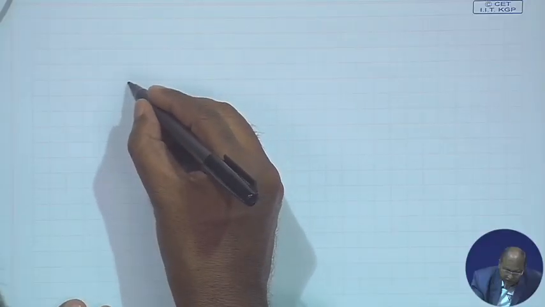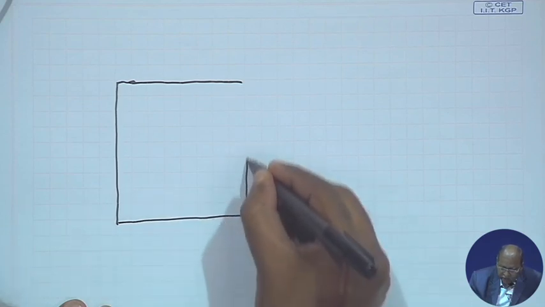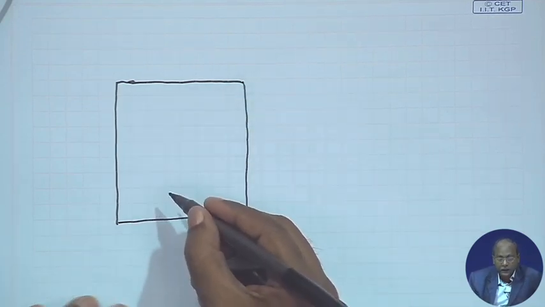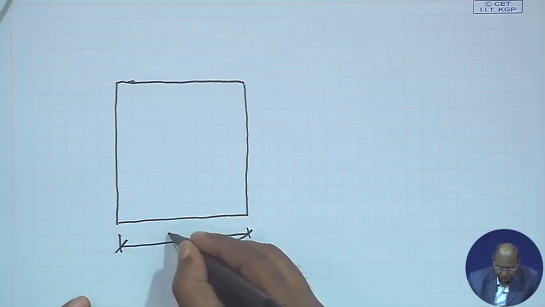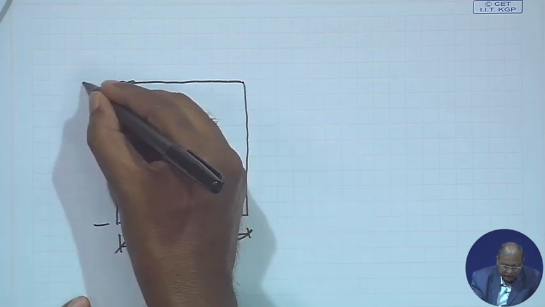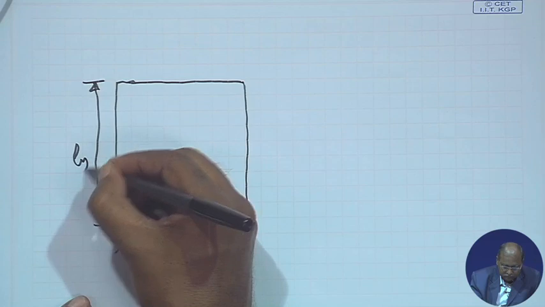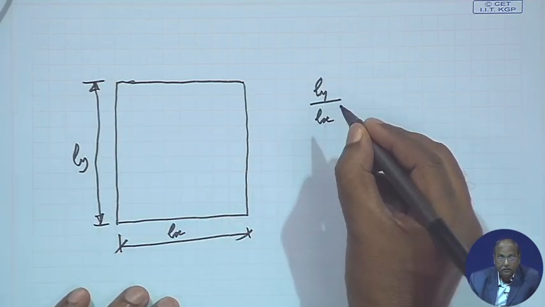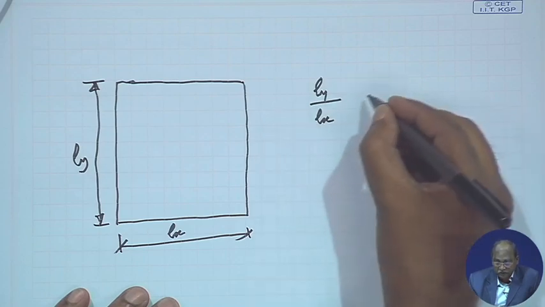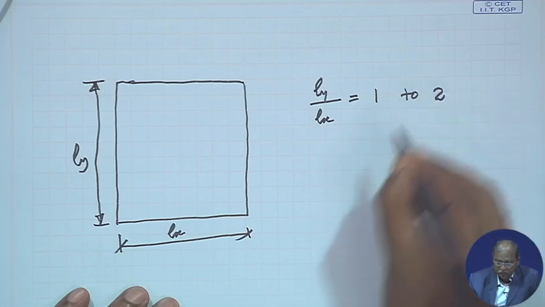That means whenever we have any panel, let us say Lx and Ly, as you all know, Ly by Lx, not for simply supported, for the continuous case, will be 1 to 2.